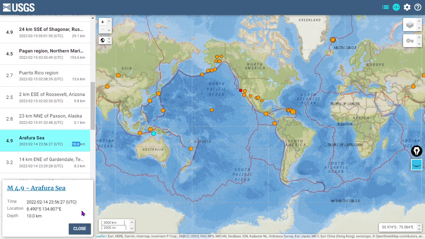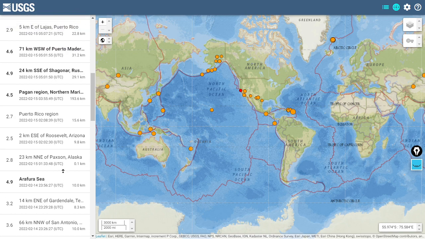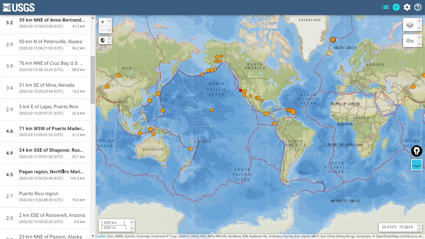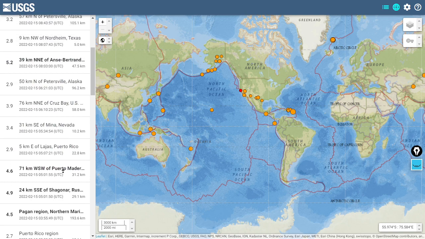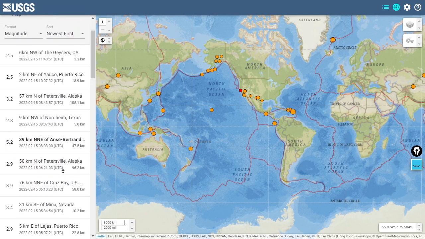The Arafura Sea, I was never aware of that until now. It's north of Australia. Just a little interesting point there. Another bit of geography that I've learned. Anyway, continuing up the list here, again, no major quakes over the past 24.